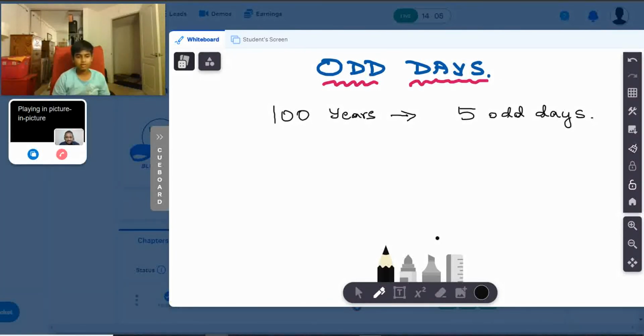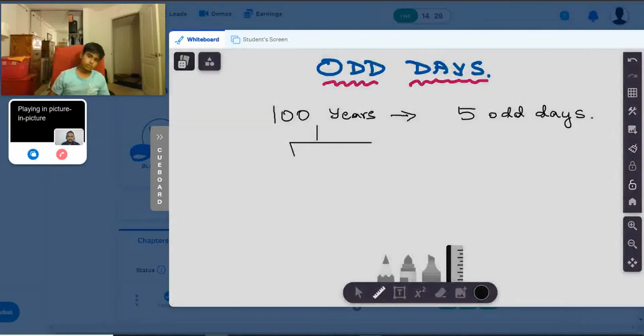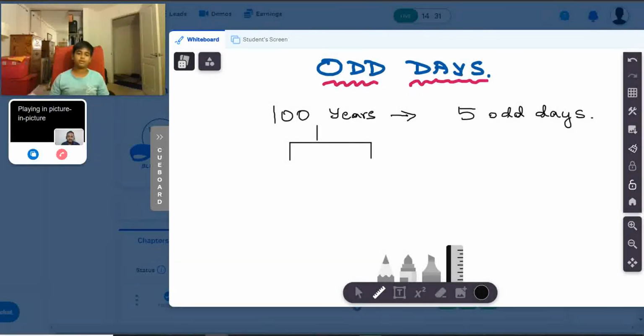Okay, I will start telling. If you feel it's confusing, you can tell me to stop and we'll go to the next part. First, you have to find out how many leap years there are in 100 years. 100 divided by 4 gives 25.